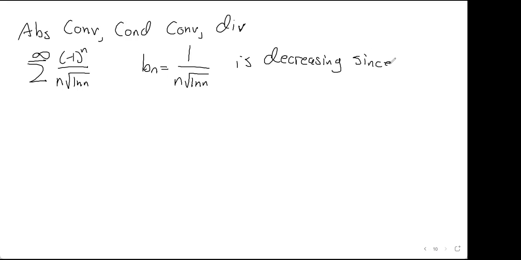And the common way that this happens is since the bottom part is increasing. N and the square root and the natural log, those are all things that are going up as you put in bigger and bigger numbers. And so if you combine them, that still keeps happening.